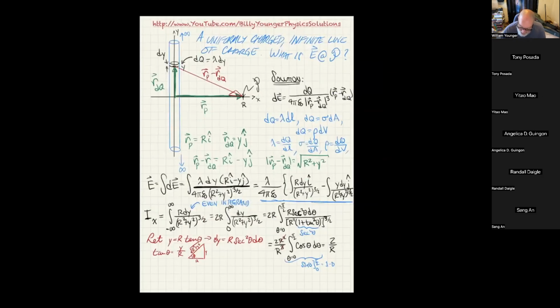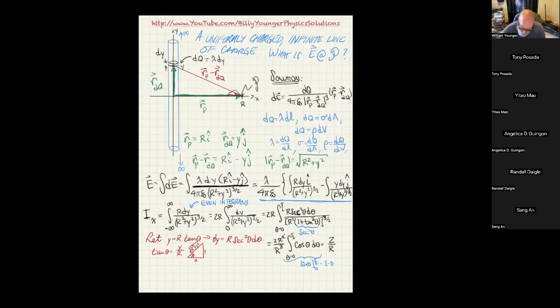The integral for the y is actually not that bad, and I'm going to attempt to fit it in here because I'm pretty confident I can make it without it being obscured. So I'm going to say integral, i y, and I'm going to drop the j hat, and I'll keep the negative.